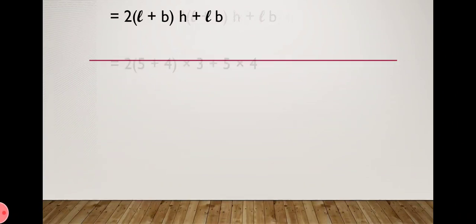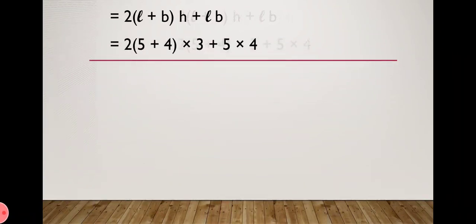That is equal to, because area of 4 walls is given as twice (L plus B) into H, and again for the ceiling we use the formula length into breadth, because top and base always have the dimensions length and breadth. So we write twice (L plus B) into H plus LB.